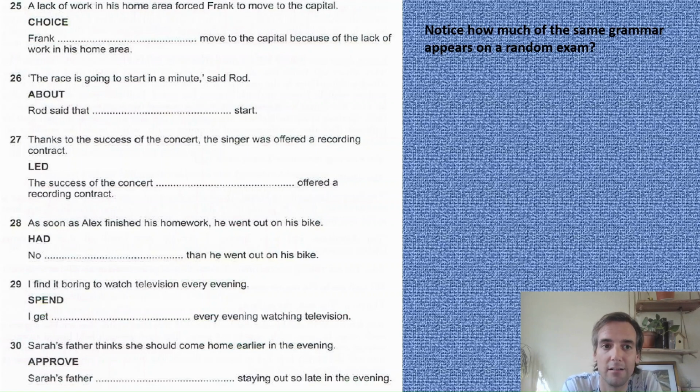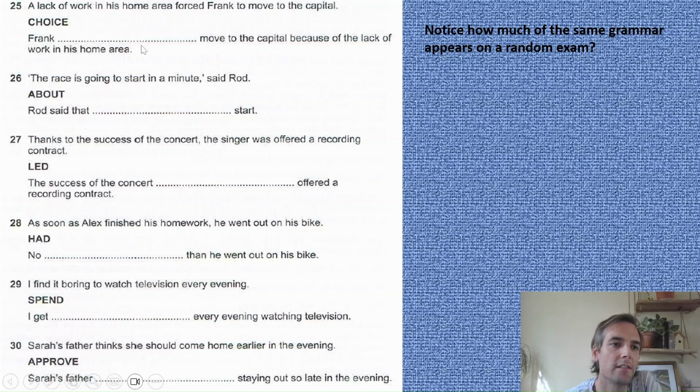And this is just a random one. I promise, I didn't find this one to prove a point. So on the real exam, you will find the same ideas coming up again and again. And if you're comfortable with them, you're going to do much better. So take 10 minutes to try and do all of these. And then let's go through the answers.